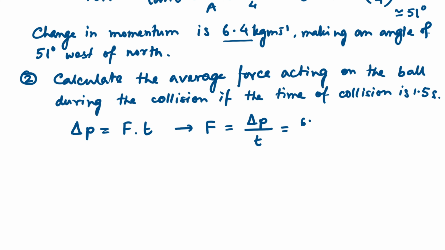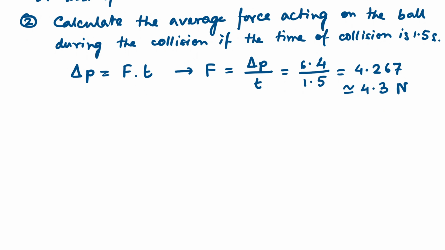So we can use 6.4 kg meters per second, and then divided by 1.5 seconds. So this is 4.267, or rounded to two significant figures, 4.3 newtons. So that's the average force that is acting on the ball if the collision lasted for 1.5 seconds.